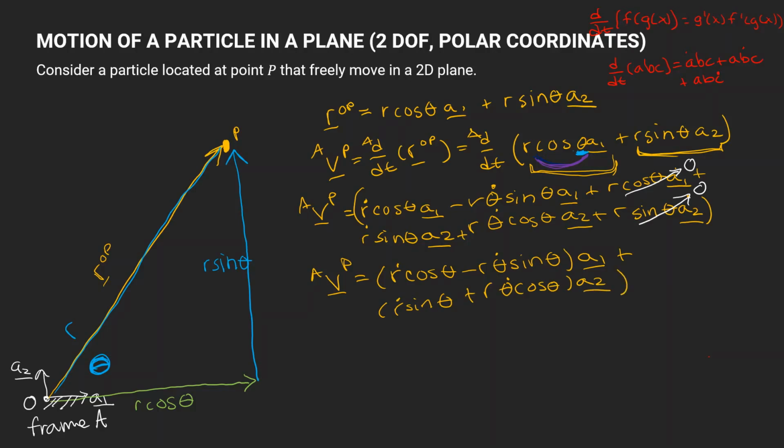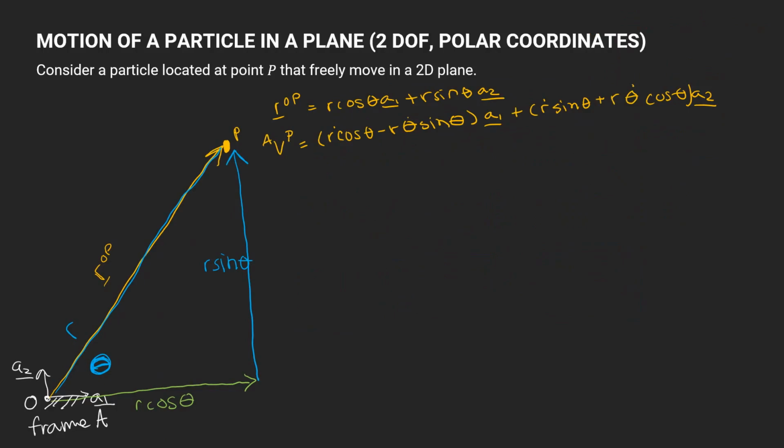And so when we define the position vector using the terms r and theta, the velocity vector looks as follows.